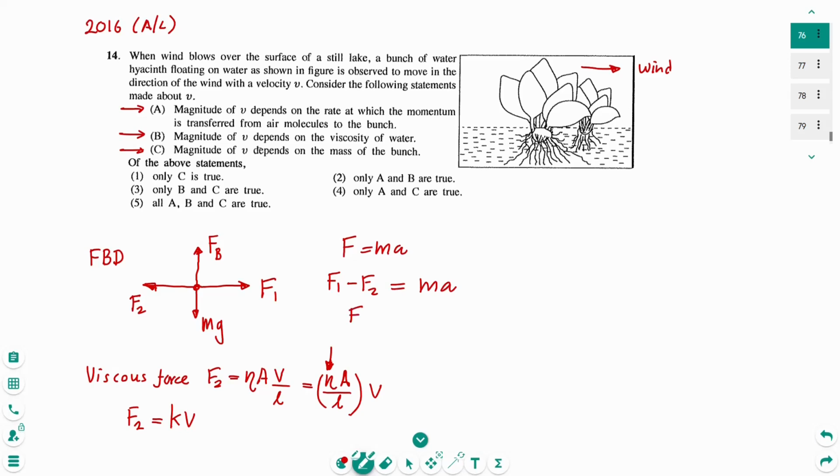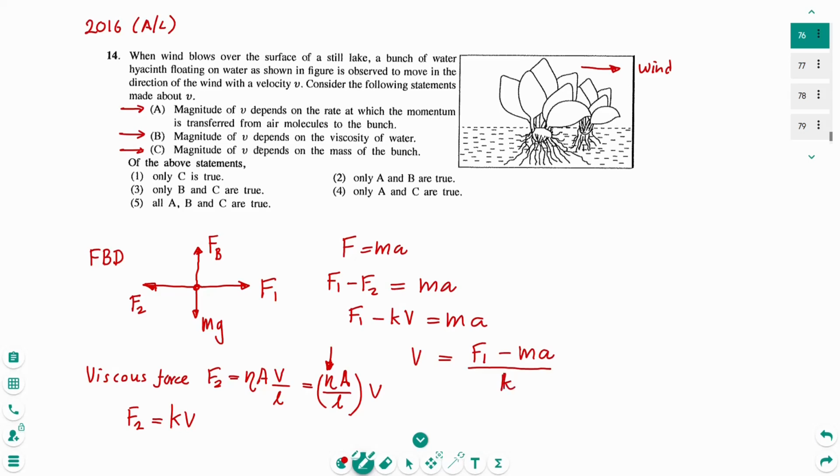So F1 minus F2, I can write in terms of velocity, k times v equals ma, and I'm going to solve for the velocity. So v is equal to F1 minus m times a divided by that constant k.